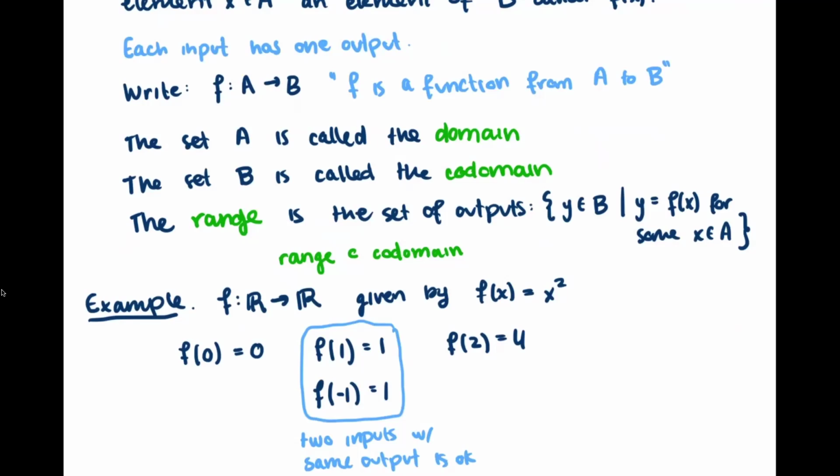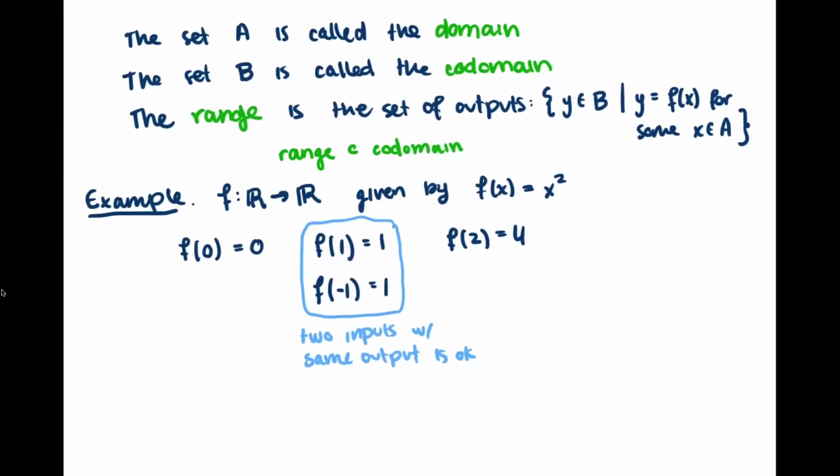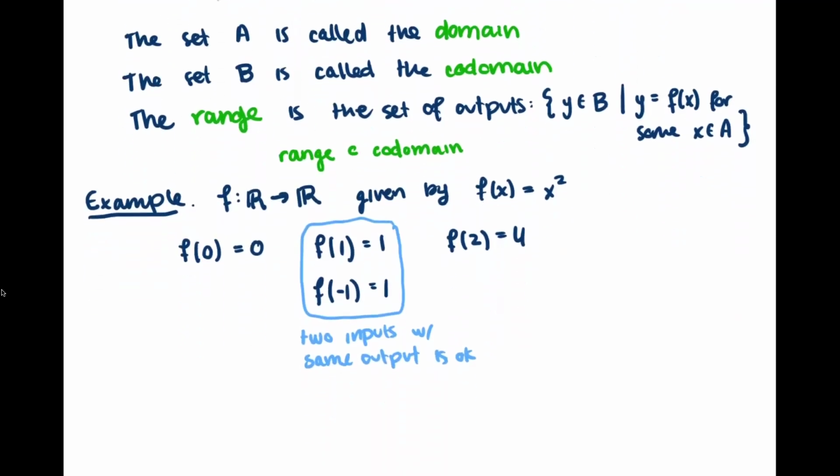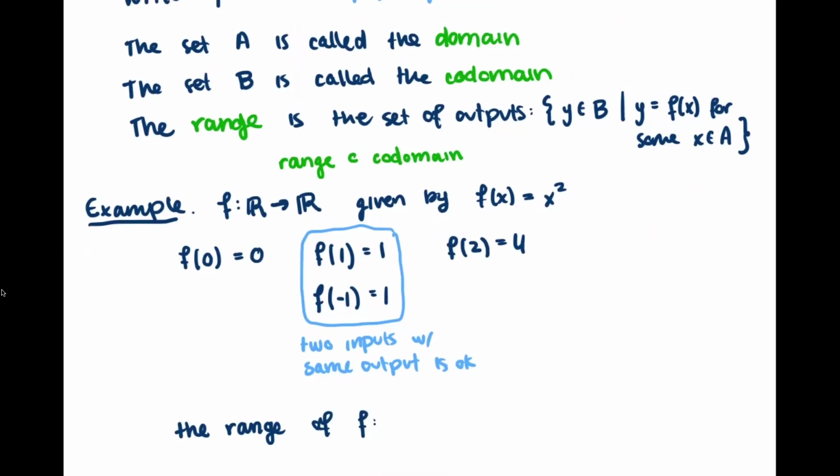Okay, so what is the range of this function? The range of f. We know the domain is the real numbers, the codomain is the real numbers, and that's just given to me by this notation, right? This is telling me this is going to be the domain and this is the codomain.